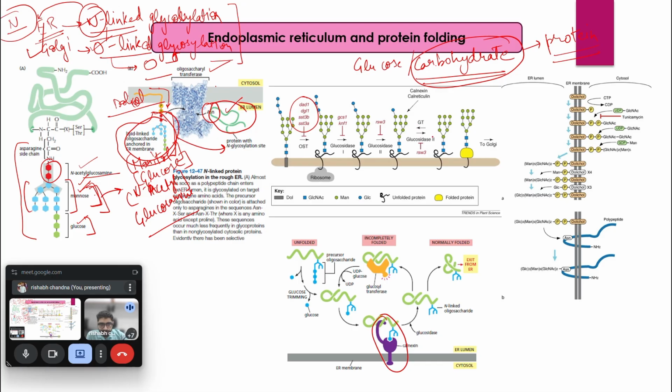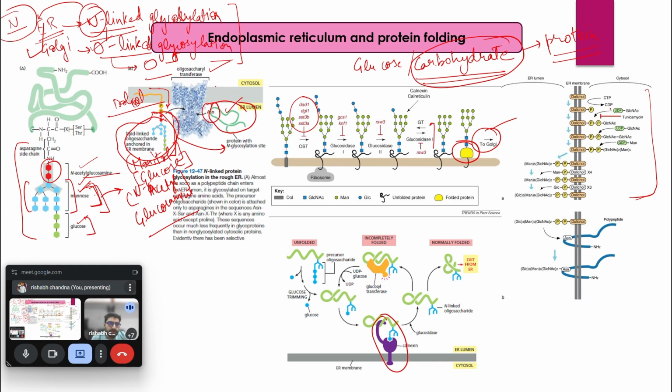When the protein is fully folded and attached to the oligosaccharide in the proper numbers, it is translocated to the Golgi. Okay, this is a schematic where one by one all the molecules are added.